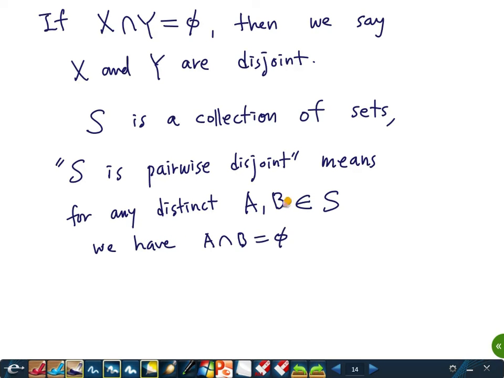In other words, A and B are disjoint. If you take any two sets, they must be different, of course, and they are disjoint, then we say that it's pairwise disjoint.